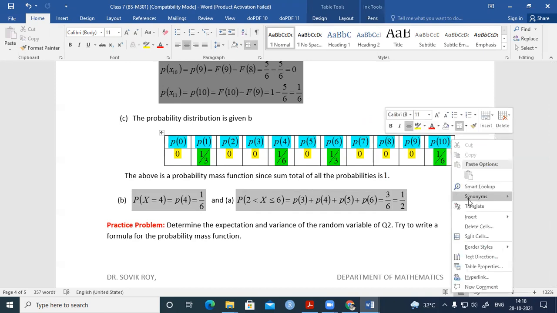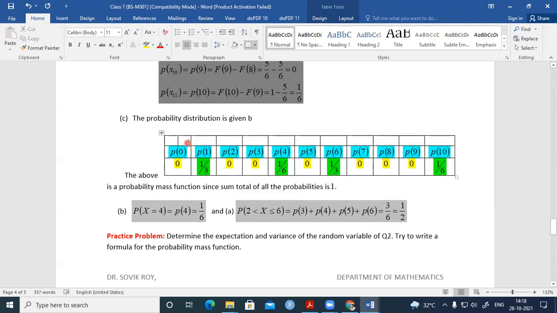Insert rows above, okay, and there you can put the points 0, 1, 2, 3, 4, 5, 6, 7, 8, 9, and 10.